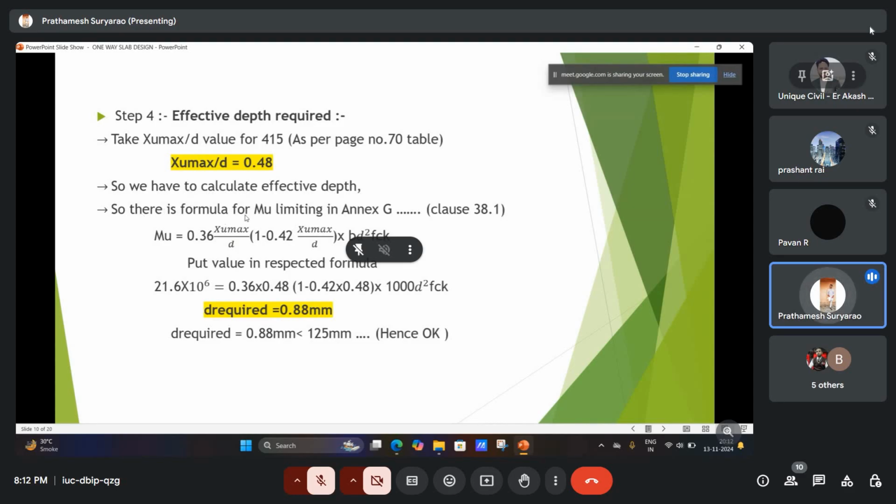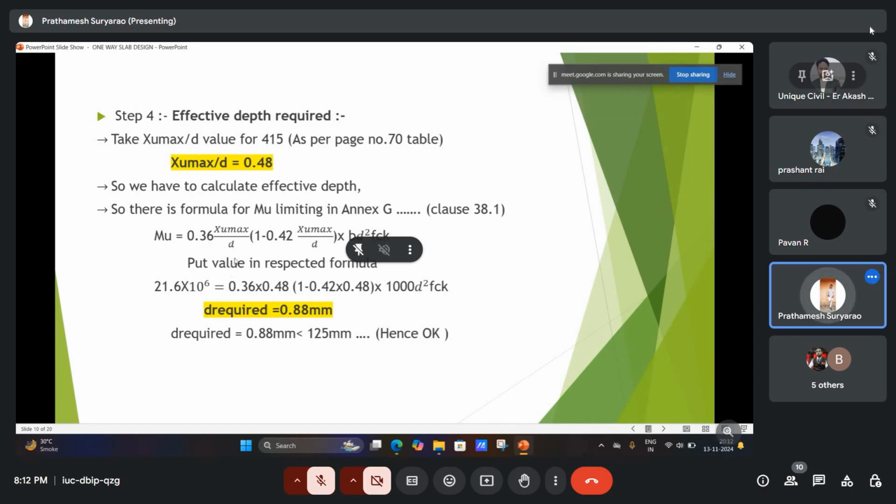There is a formula for Mu limit in Annex G, clause 13.1. What is the formula? Mu equals 0.36 Xu max upon D, into 1 minus 0.42 Xu max upon D, into B D square fck.